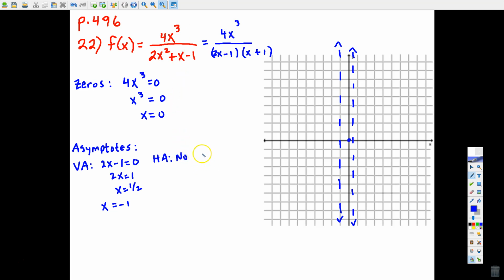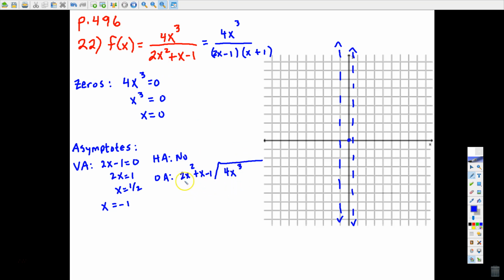So I am going to have an oblique asymptote, and I think I'll just try to squeeze that in here. To find the oblique asymptote, we have to use long division, right? So I'm going to divide the denominator, 2x squared plus x minus 1, into the numerator, 4x cubed.